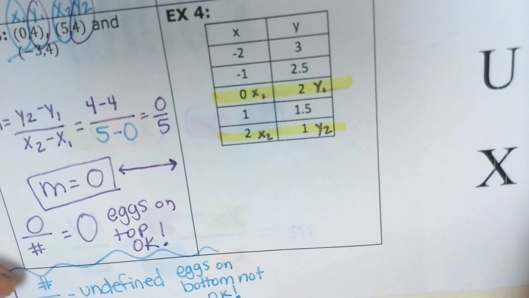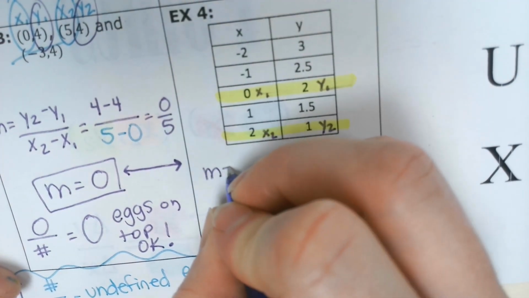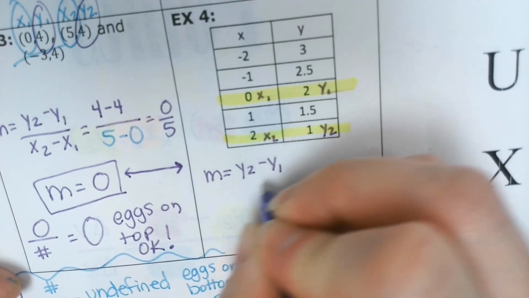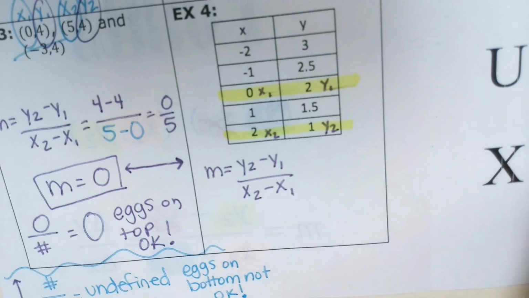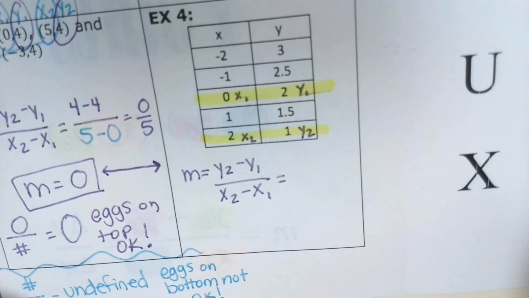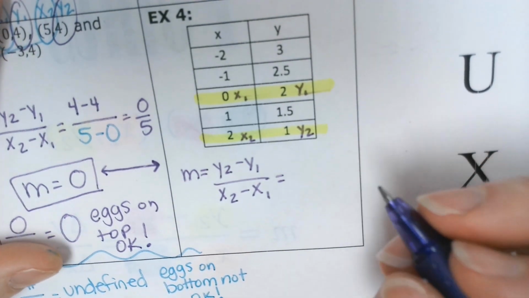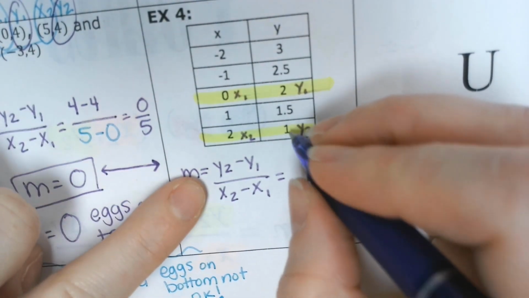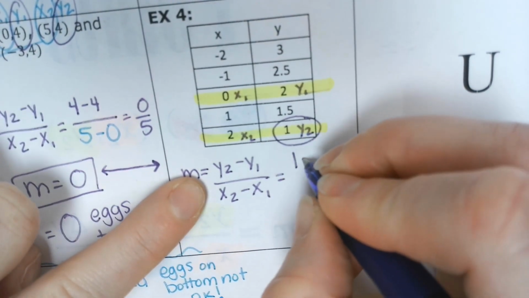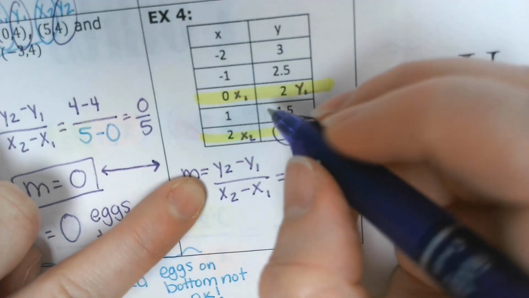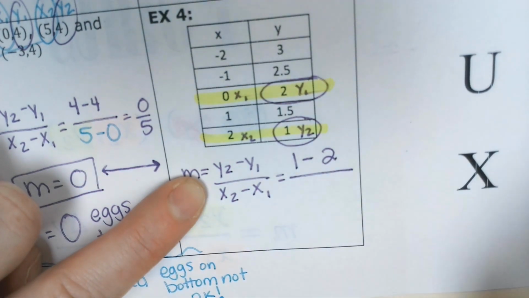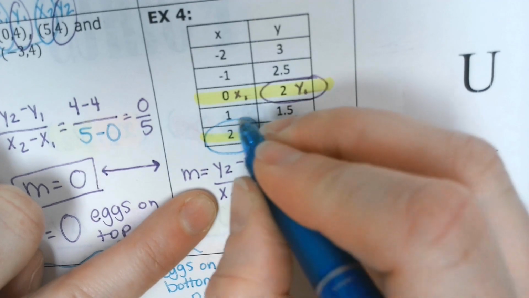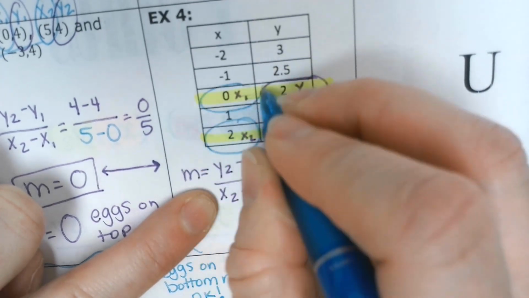From a table, you pick any 2 points. Go ahead and write your formula down, and then we'll plug in. All right, we'll plug in. Y2 is 1 minus y1, 2 over x2, 2 minus x1, 0.